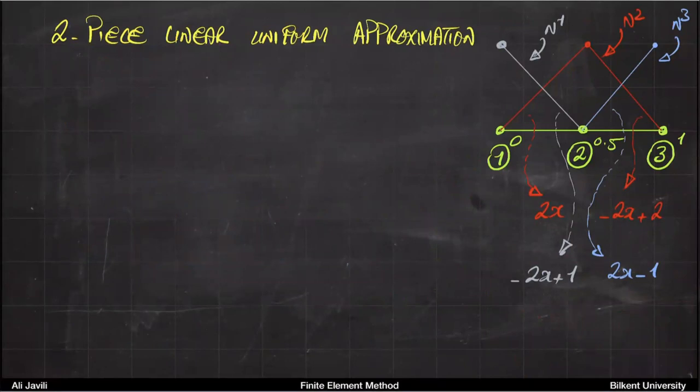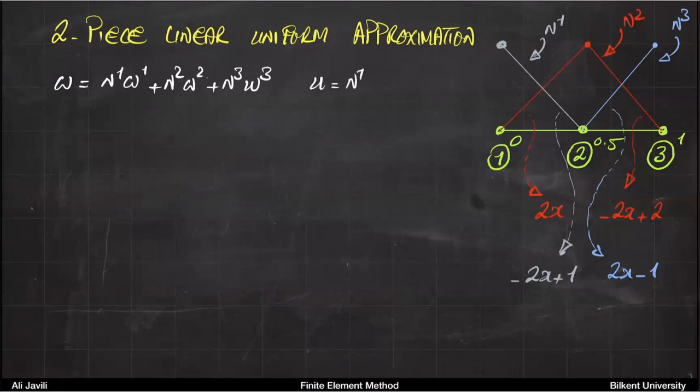Okay, so now what we want to do is to just solve this or approach this using what we learned. Again, W would be now n1 w1 plus n2 w2 plus n3 w3, and u would be n1 u1 plus n2 u2 plus n3 u3.